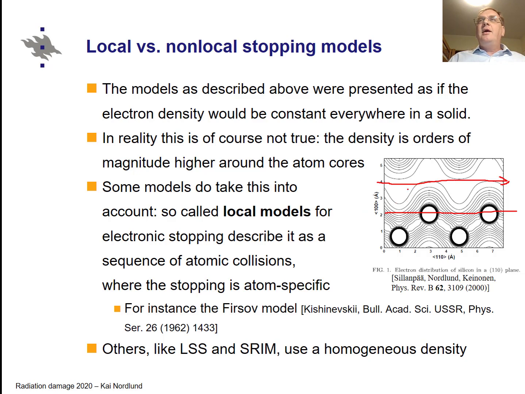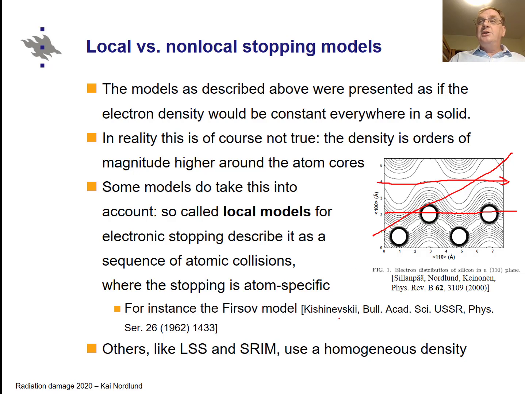At very high energies and very long ranges, it's also fairly obvious that you will get an average over all directions, and that's why, for instance, the Bethe-Bloch equation for high energy stopping power works so well, because it assumes an average electron density. If you pass a lot of ions, you will experience on average the average density.